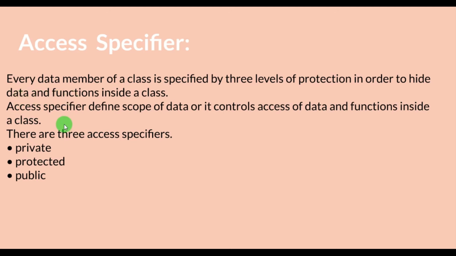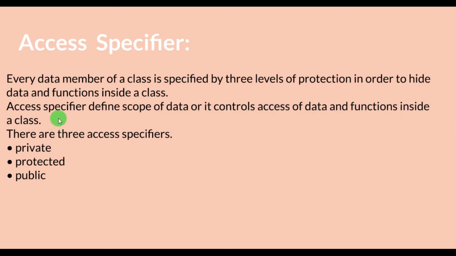So here we are going to specify an access specifier. First we are going to see the definition of access specifier. Access specifier defines the scope of the data, or it controls access of data and function inside the class.